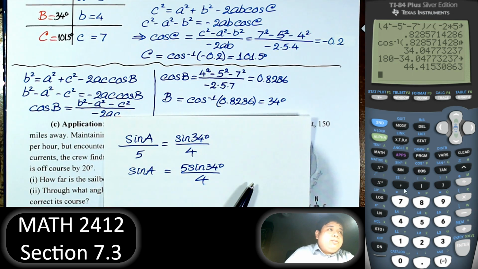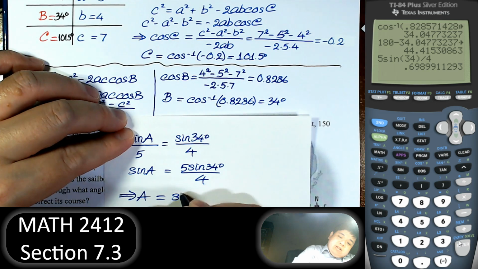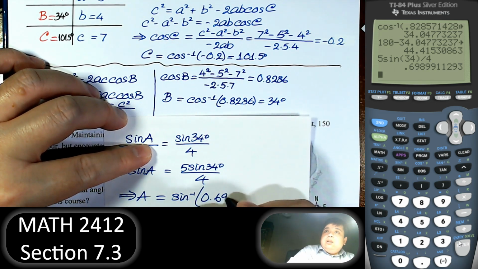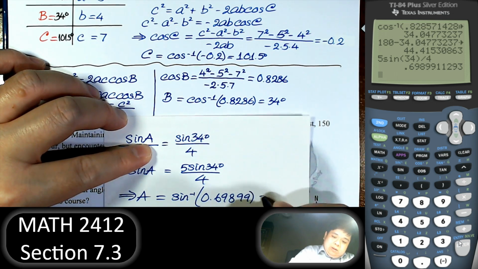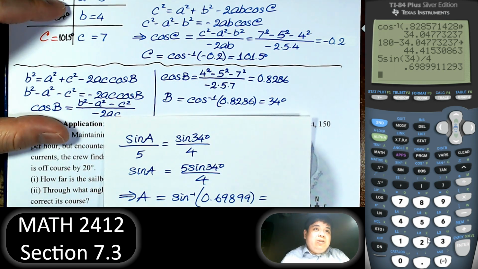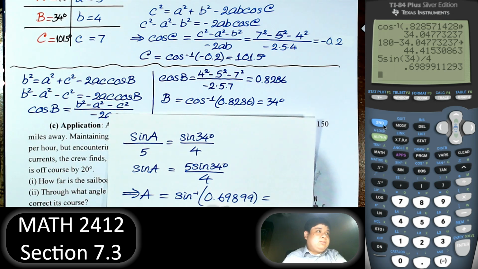So 5 times sine of 34 degrees divided by 4. Like that. To get A, we just do the sine inverse of whatever we have there. And we don't have to worry about the supplement, because this is not the biggest angle. The angle must be acute, so there will be no supplement here.